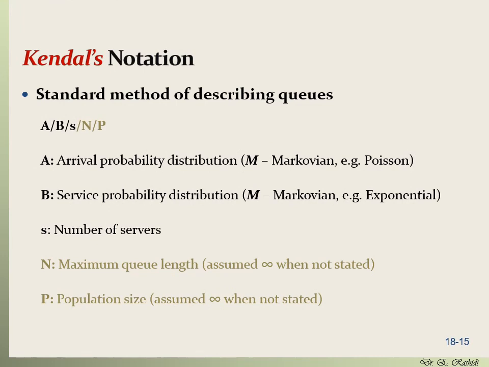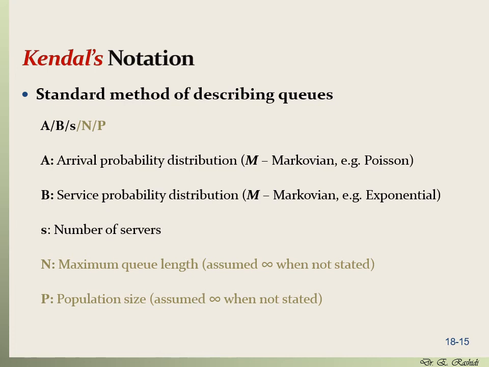Now that we learned about different queues based on different characteristics, such as arrival distribution, service distribution, the number of phases, the number of servers, etc., now we want to learn how to represent this. One way is to use Kendall's notation, which is a standard method of describing queues.